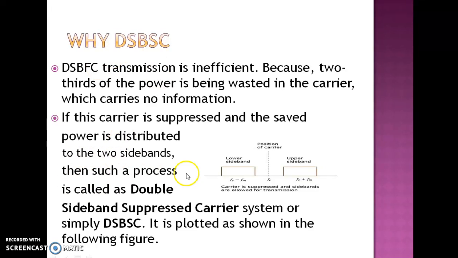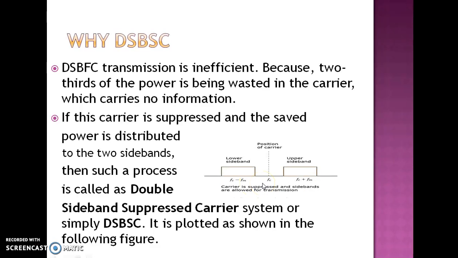In this case, we are suppressing the carrier, so the carrier is suppressed and only the two sidebands, upper and lower, are transmitted. Such a signal is called double sideband suppressed carrier. The bandwidth for this will be equal to the upper sideband frequency minus the lower sideband frequency, so Fc plus Fm minus Fc minus Fm.